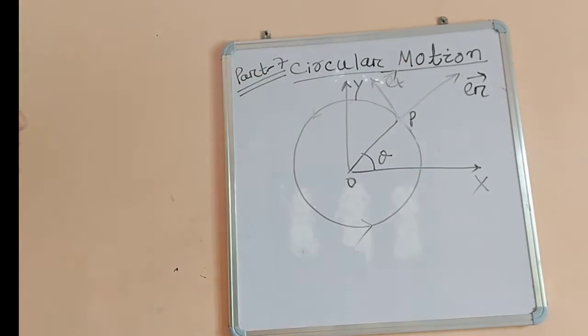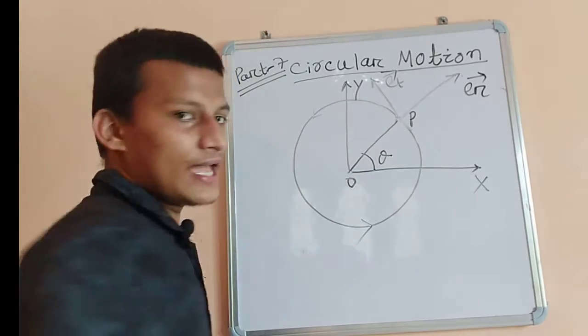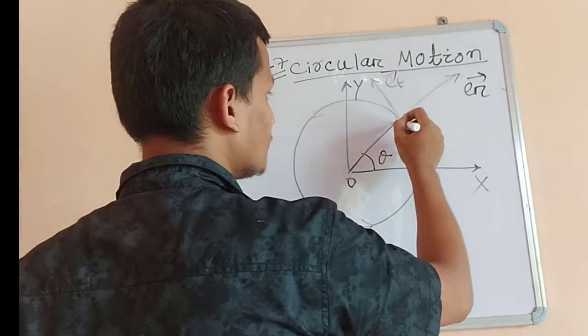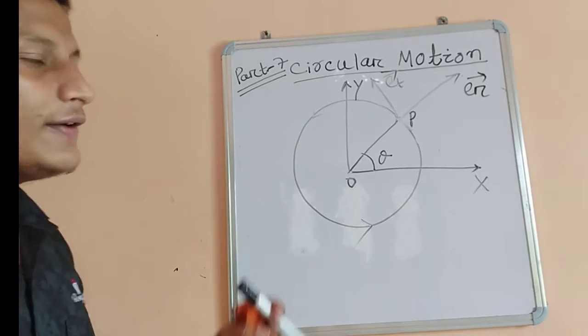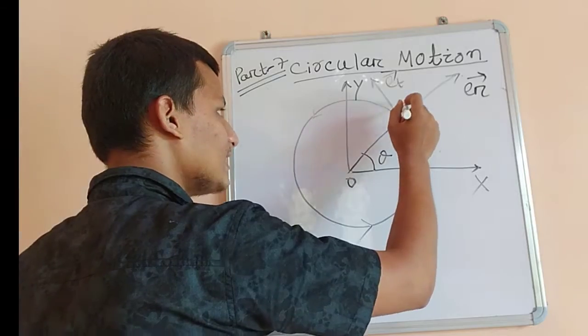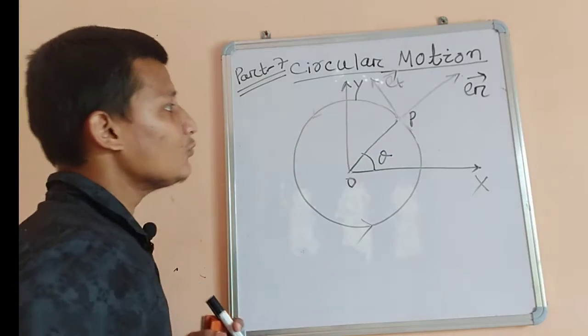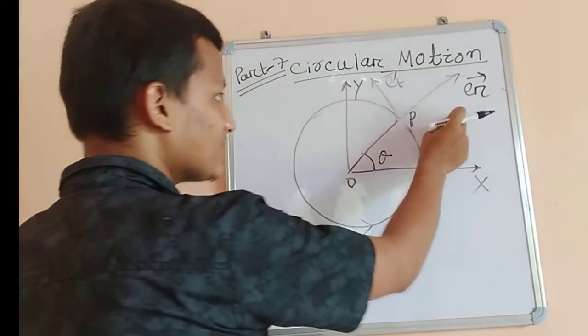We have to prove that the angle between the unit vector in the radial direction and the tangential unit vector is 90 degrees. So first we have to show the vectorial representation of these two vectors.